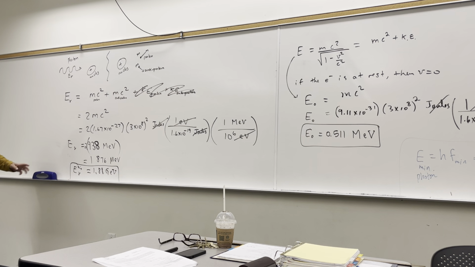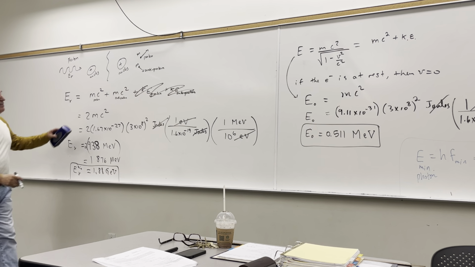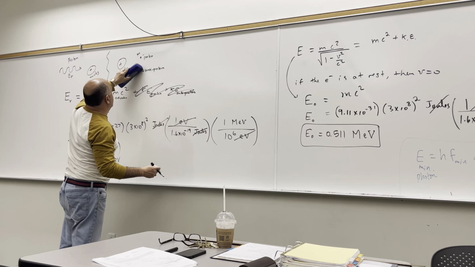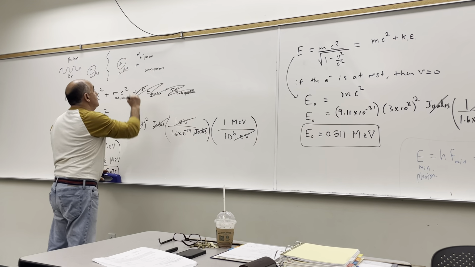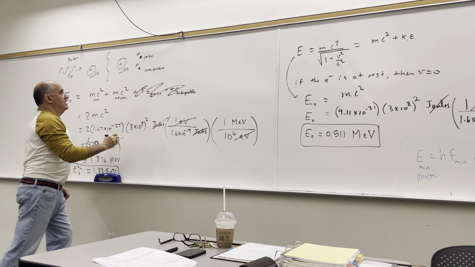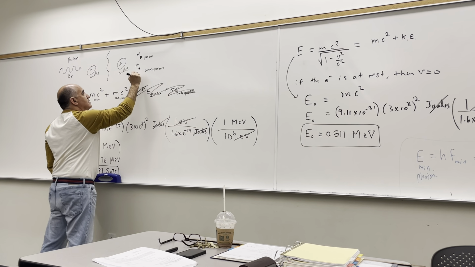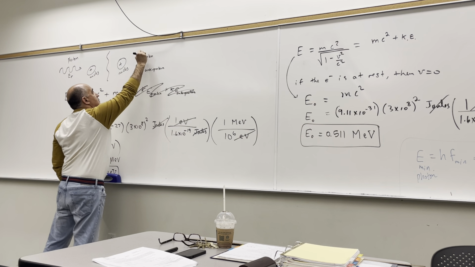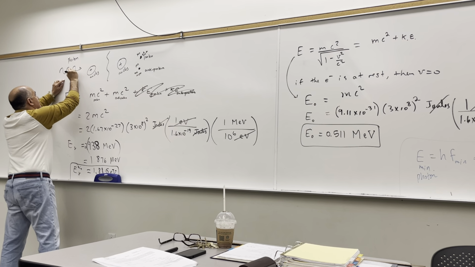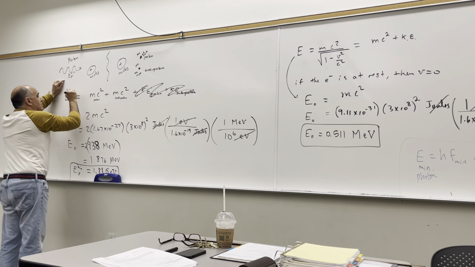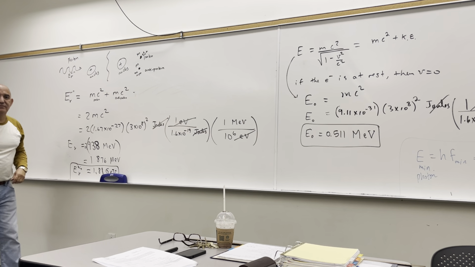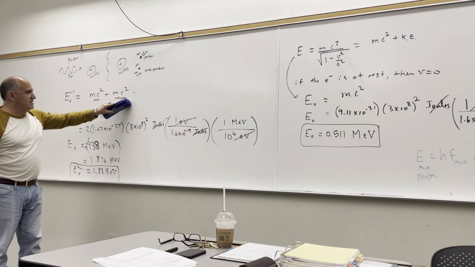If I wanted to just make these particles without them having any kinetic energy, so it's just at rest, not moving, then this would have to be the minimum energy, because I don't want them to be moving. Does that make sense?